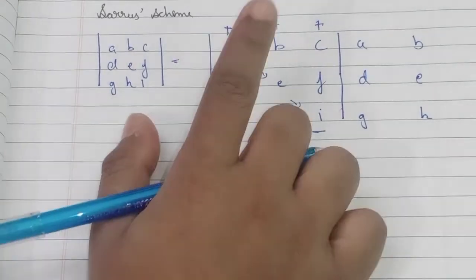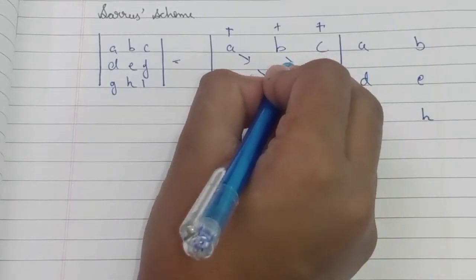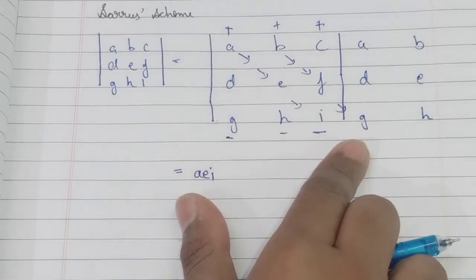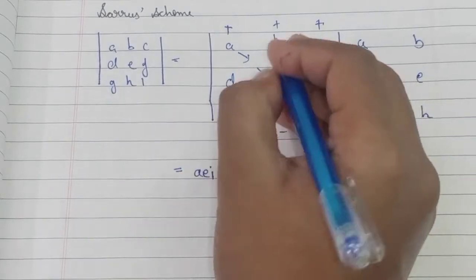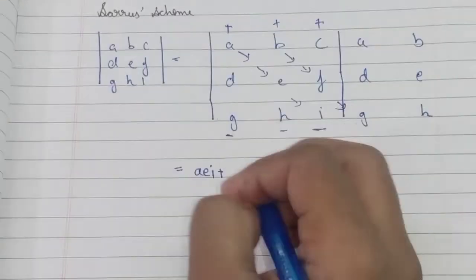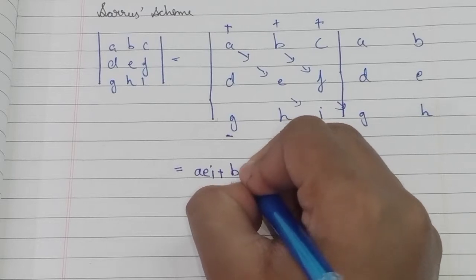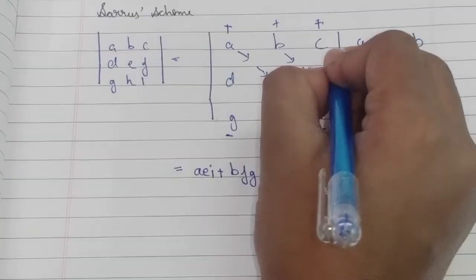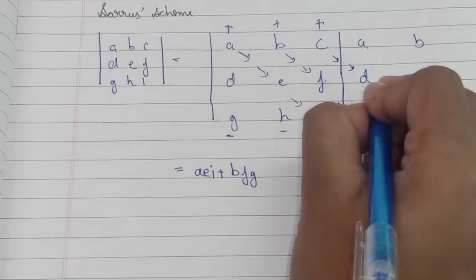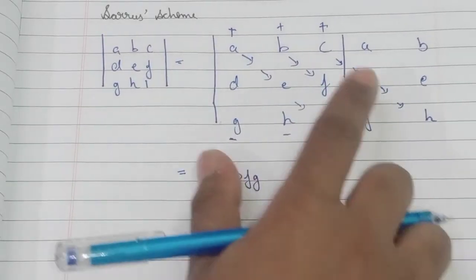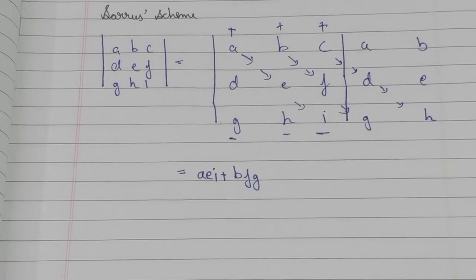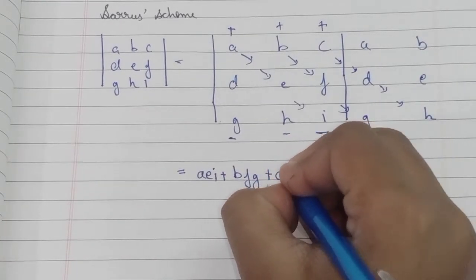Now we have B F G in the diagonal, so we will add it because it's positive here, so this is BFG. And we have C D and H, since we have made it outside, so we will add it, so this is CDH.